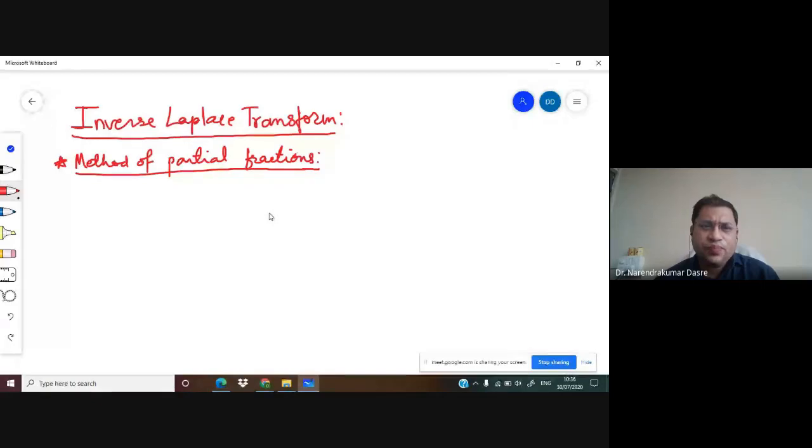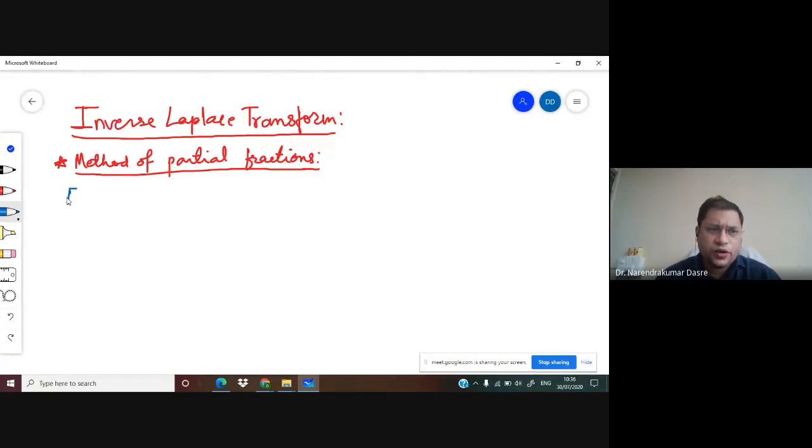Okay, so what we have to see in the denominator, what factors we have, what are the different types of factors we have. Okay, so first we have linear factor.